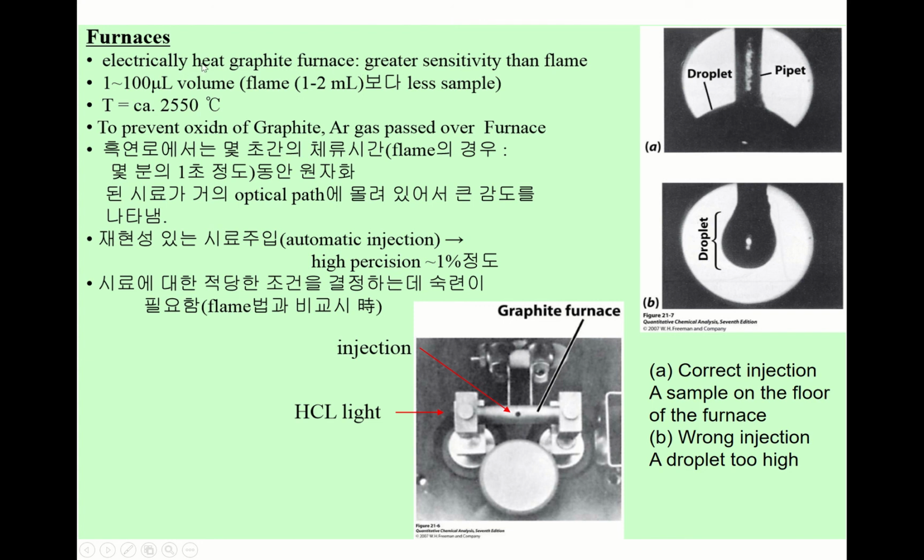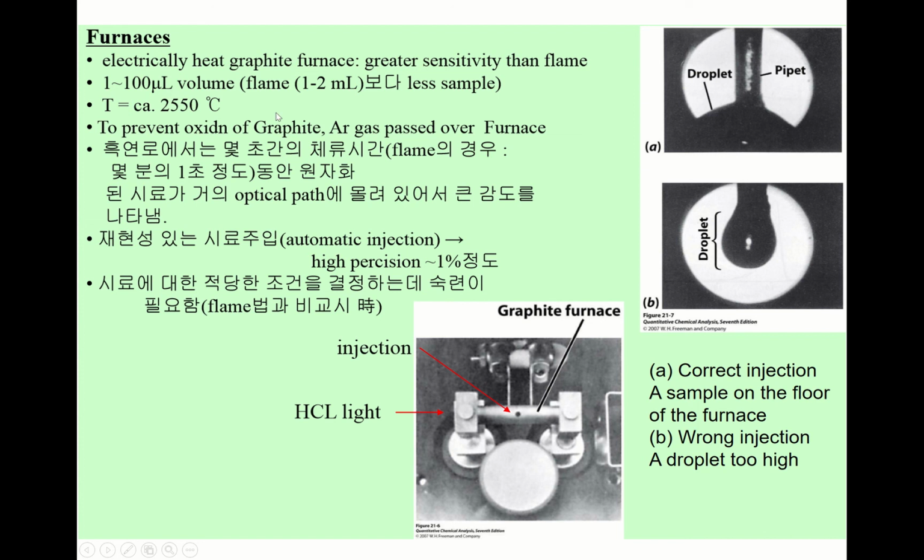This has greater sensitivity than flame, much better. And also, you don't need a larger volume of your sample. You need only 1 to 100 microliters. This is quite a small amount compared to the flame case.